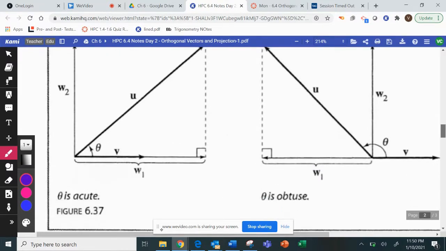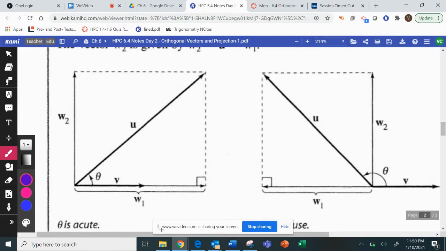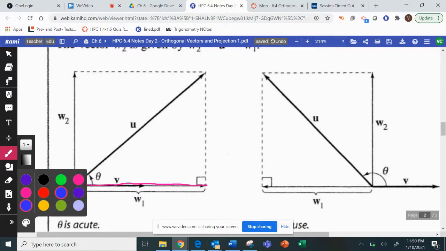And so here are those figures that they were talking about below. So you can see the u vector, and we can see the v vector. And then the W1 is a scalar multiple of v.